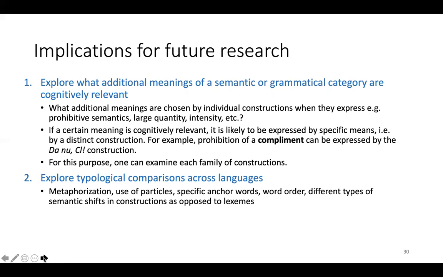And also, having such a huge database, we can look for correlations between grammatical meanings and the ways they are expressed in constructions, for example, dative constructions or instrumental constructions, and so on and so forth.